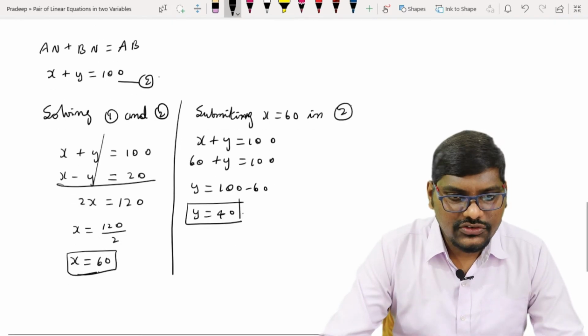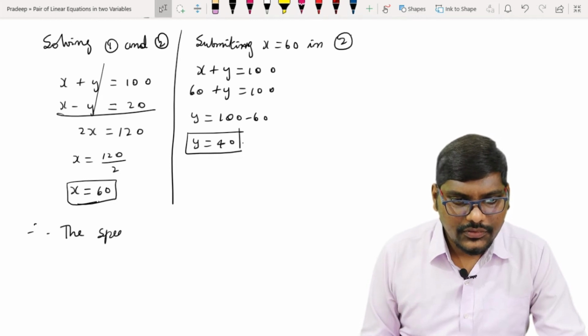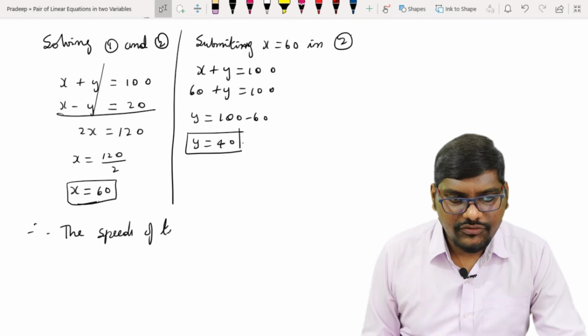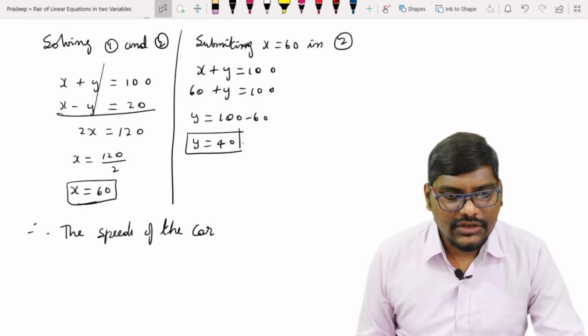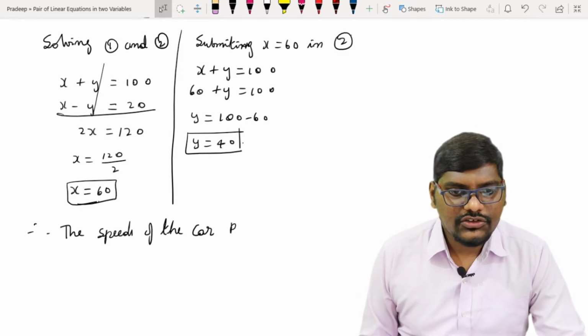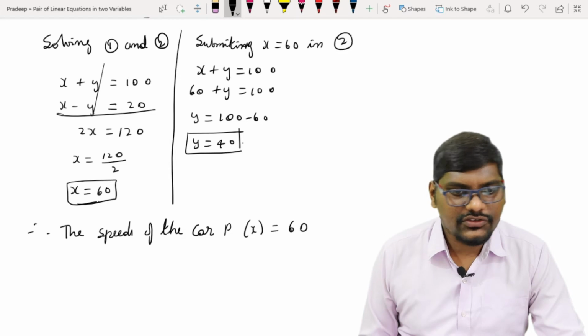So we'll write the conclusion for the same. I can write, therefore the speeds of the cars, I'll write car P and car Q separately. The speed of the car P, that is how much? It was x which we have taken, we got 60.